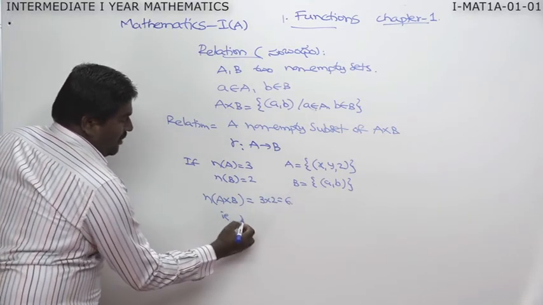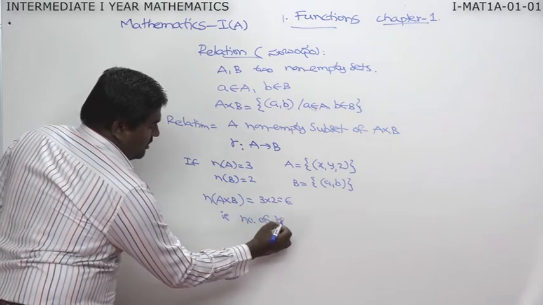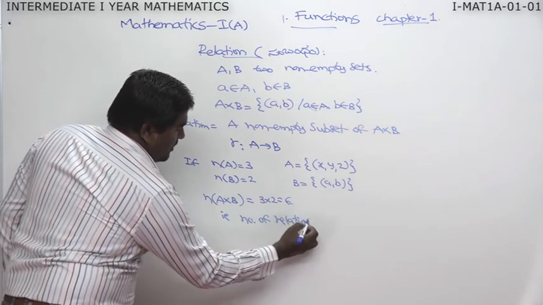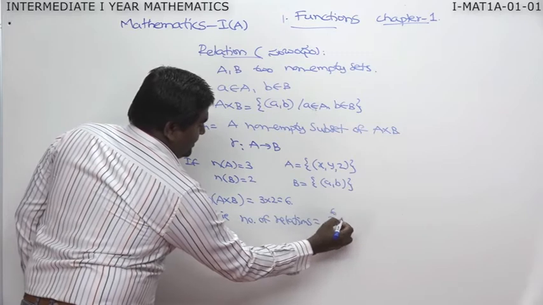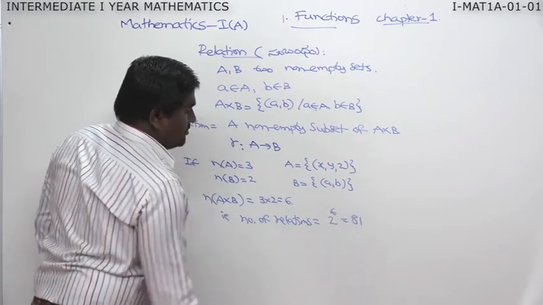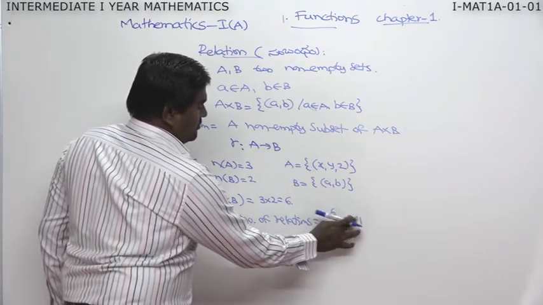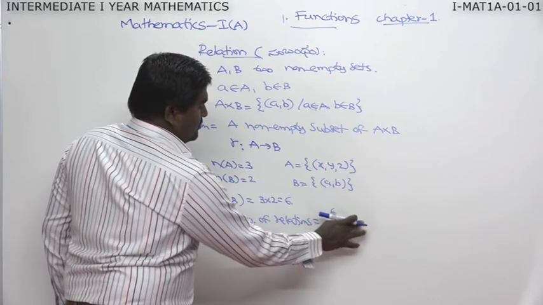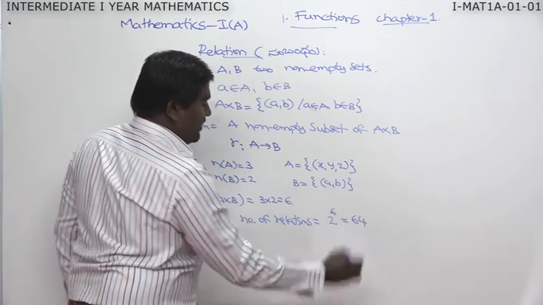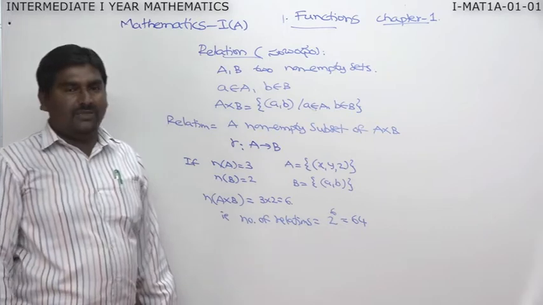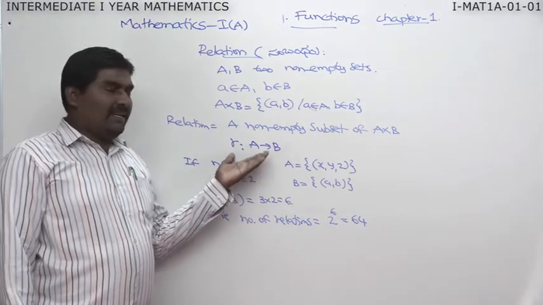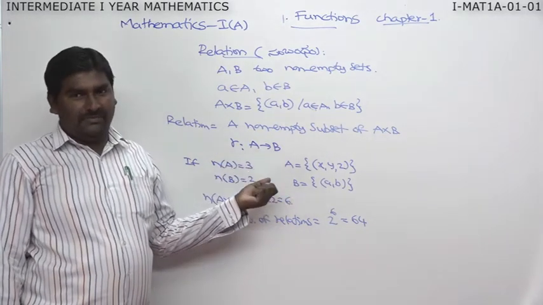That is, the number of relations is 2 power 6, that is 64. 64 relations we may establish by taking these two sets A and B.